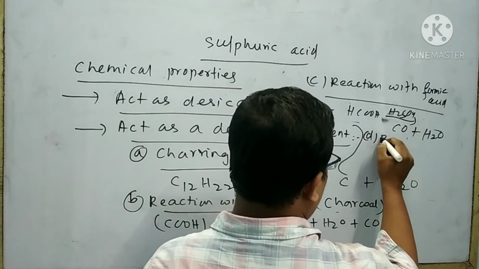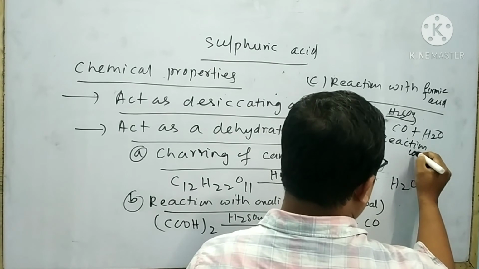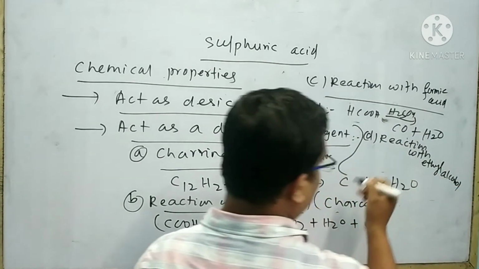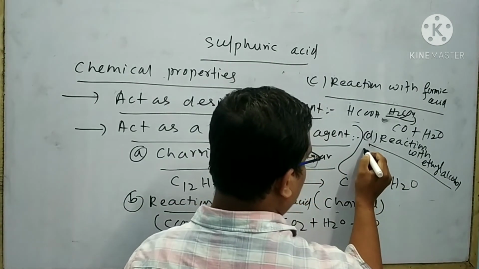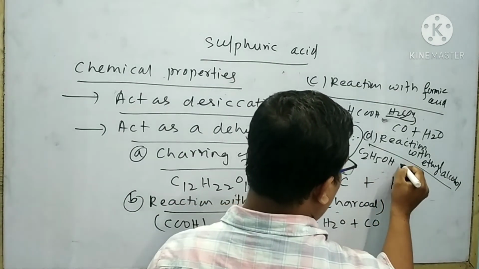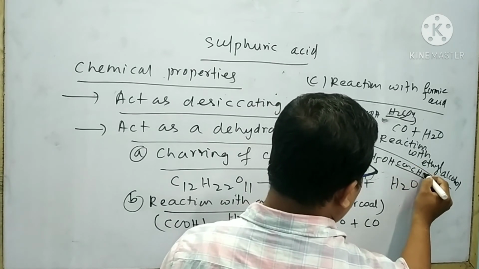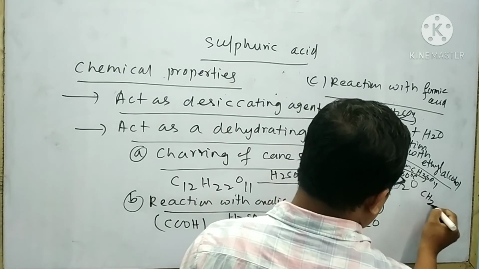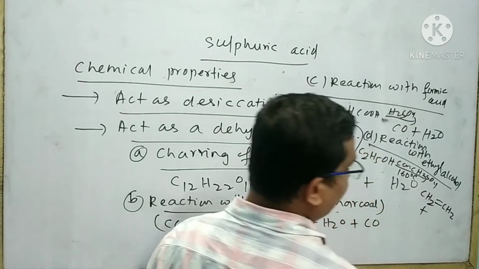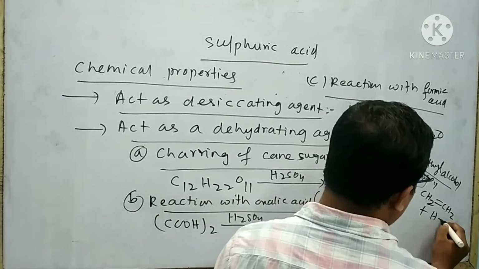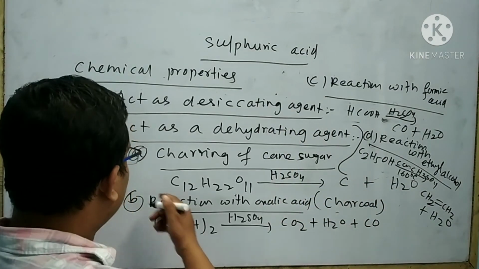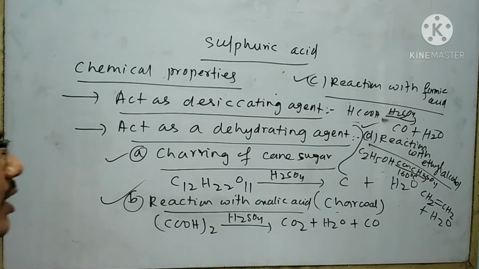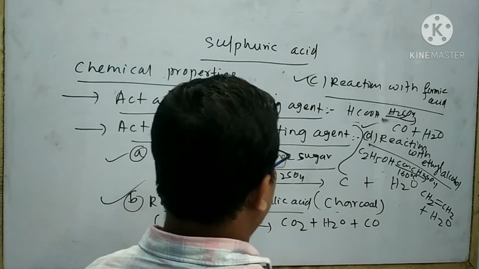Next is the reaction with ethyl alcohol. When sulfuric acid is subjected to reaction with ethyl alcohol, these are the reactions in which H2SO4 acts as a strong dehydrating agent.